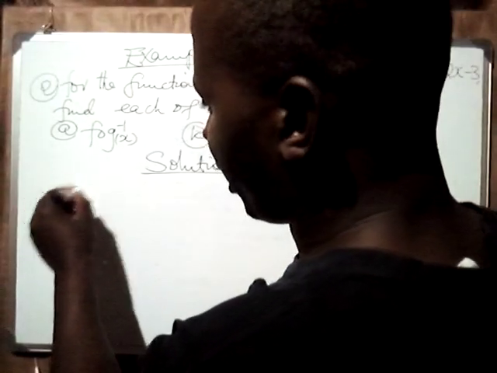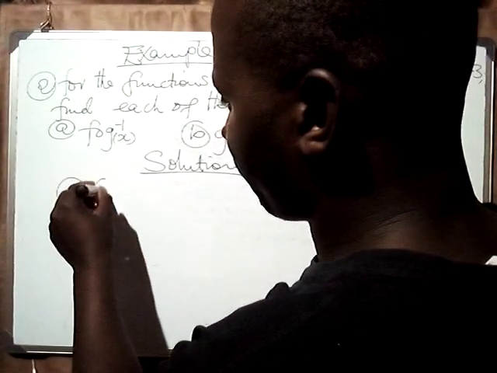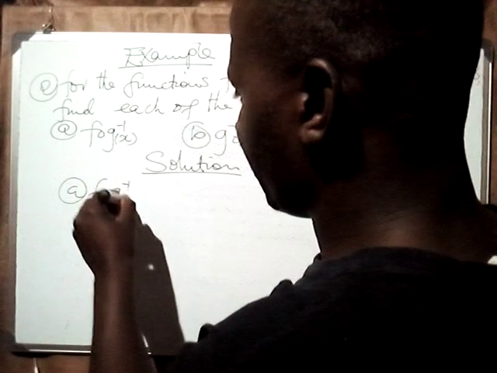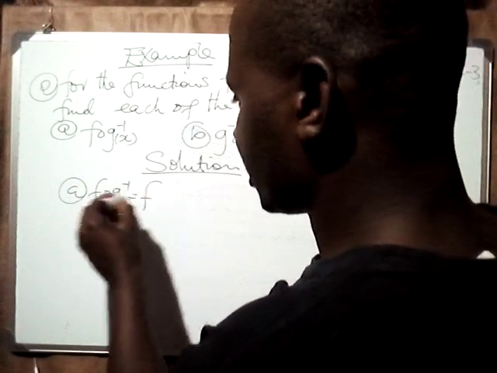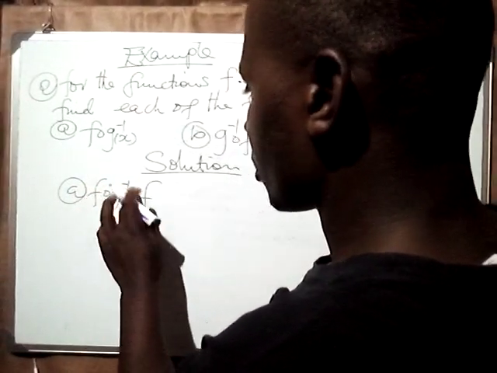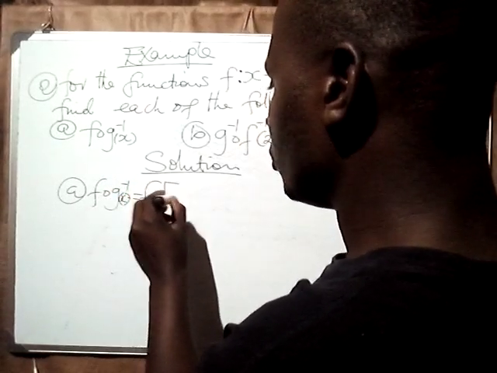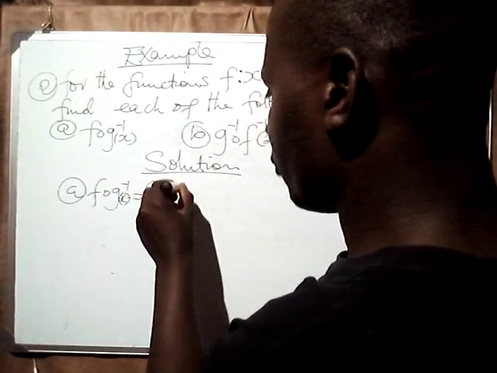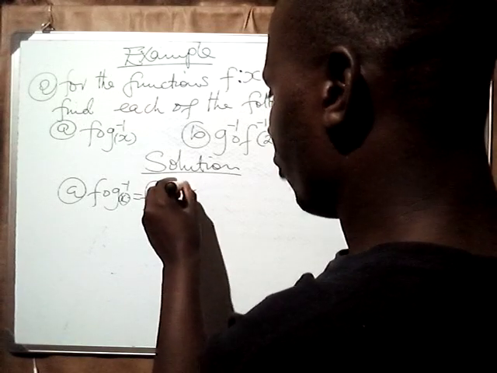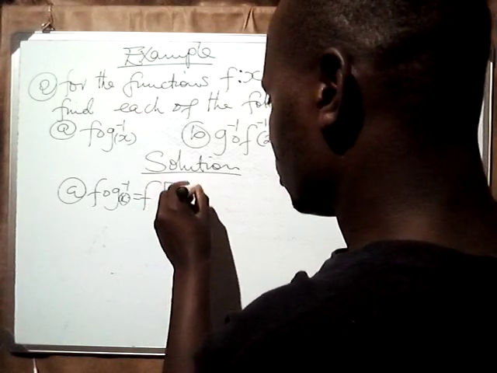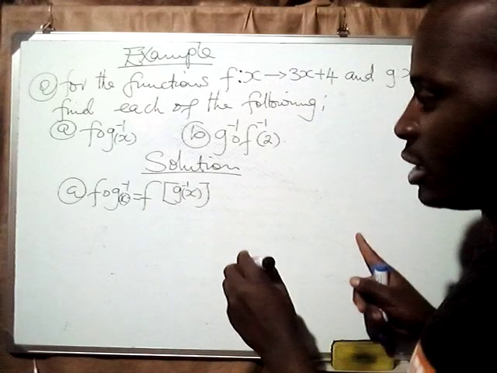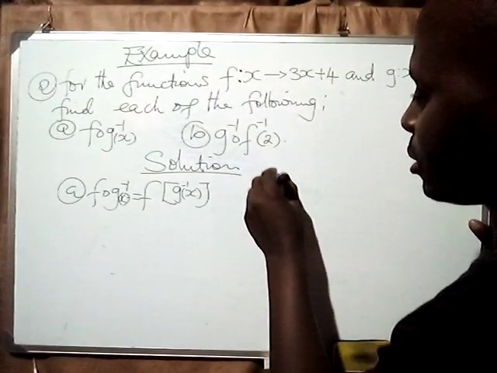So for A, we have f of g inverse. This is the same as saying f of the inverse of g. Now, what is the inverse of g?